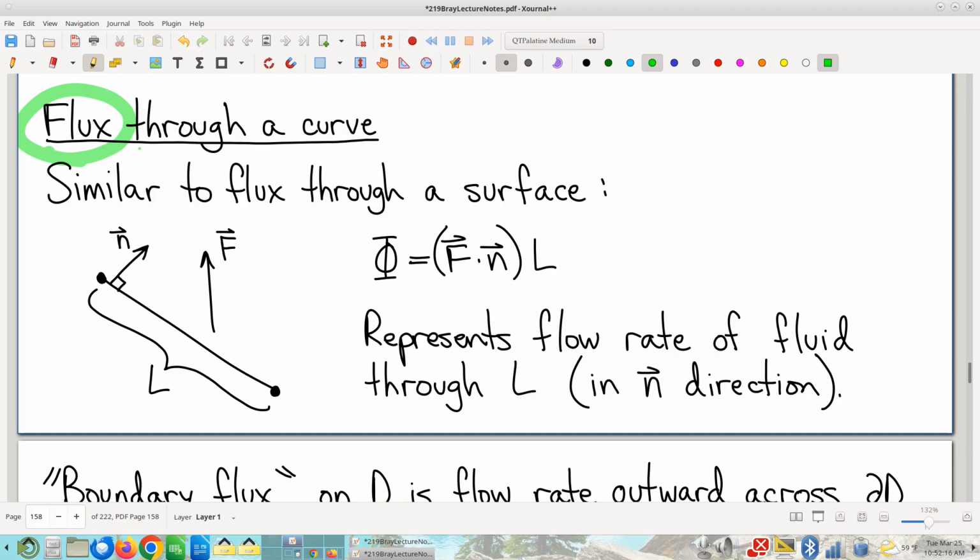Or another metaphor that I used at the time was, imagine you have water flowing around, let's say in the ocean, and you throw a net out there, right? And the water is flowing through your net. You want to know how many fish you're going to catch, and you'd like to know the volume per unit time of water flowing through your net. And we do this with a calculation called flux.